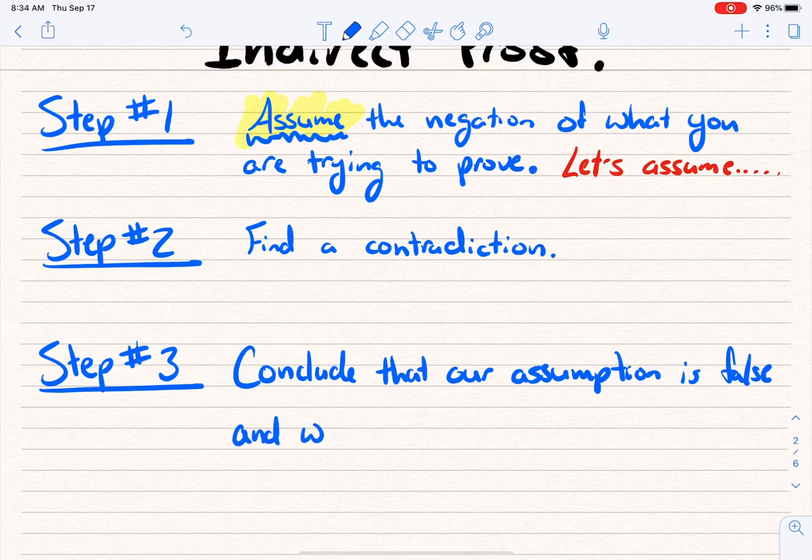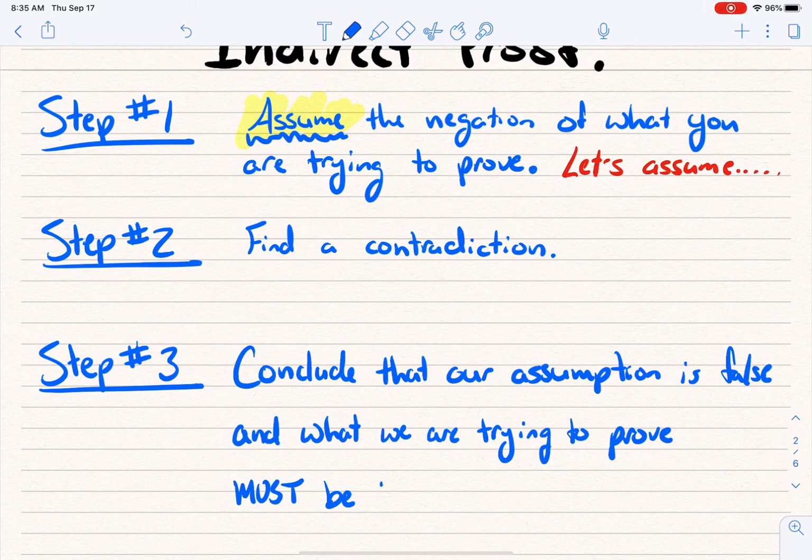And what we are trying to prove, keyword, must be true. It's not that it might be true. It must be true. Okay, if we conclude that our assumption is false, by finding a contradiction, then what we are trying to prove must be true.